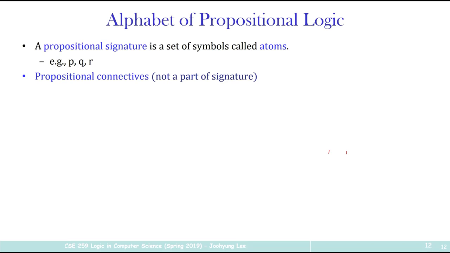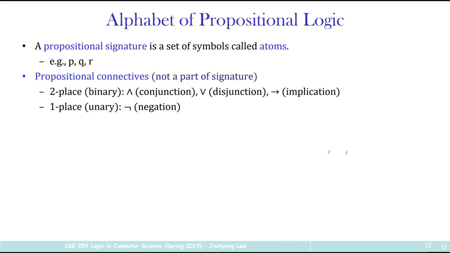The next one is called the propositional connectives. And note here that these connectives are not part of the propositional signature. The propositional signature is like P, Q, R, but the connectives are distinct from those things. There are multiple connectives.